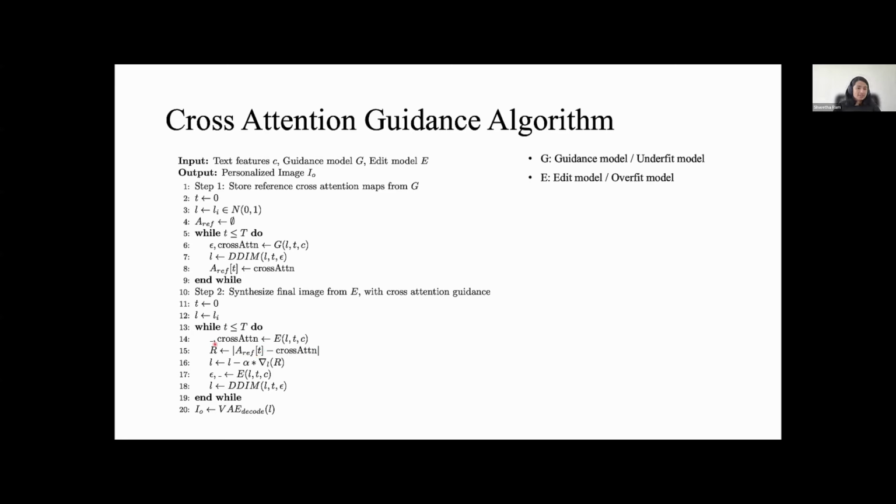And then we have this R, which is our regularization loss, and alpha, which controls the amount of update. And we update our latent to encourage the current cross-attention map to be close to the reference. And we do this for all steps of the diffusion process. So that's the full algorithm with 2 steps.